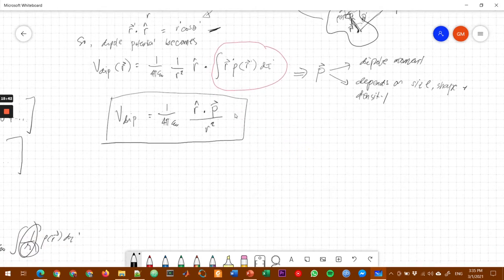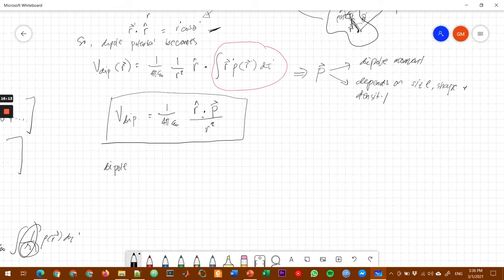That is the r hat, the unit vector r, dotted with your dipole moment, given by this equation, over r squared. This is also applicable if your dipole is not a continuous charge distribution but point charges. So we can actually recover the result we calculated in the previous video.